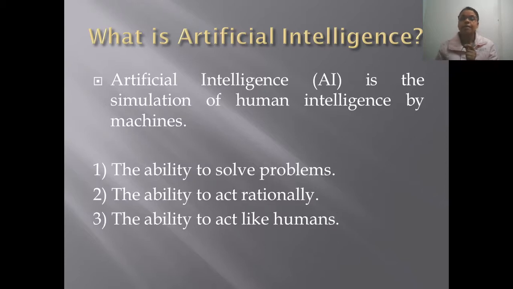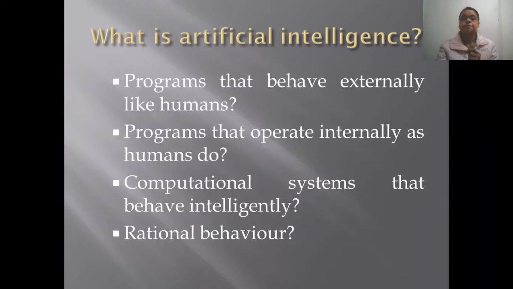This can't happen with instructions, because instructions are fed previously on the basis of experience, information, and the things which we expect in the desired output. As per the requirement we just feed those instructions. But it is not always possible, because something may be uncertain. So here we are talking about the ability to act like humans. That's why we say this.